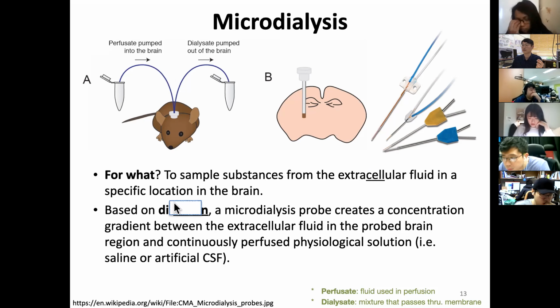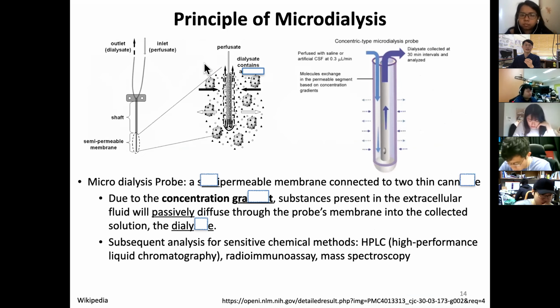Sunyoung, again, can you guess what this is? You have a physics major, right? Yeah, it's diffusion. Okay, so let's go to the next step so that we can see it more clearly.